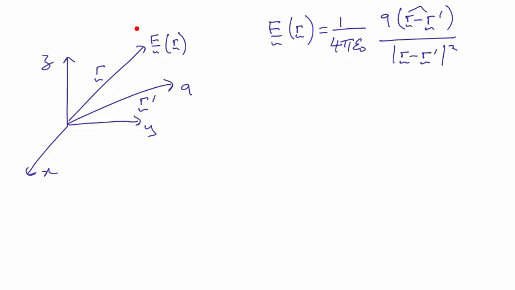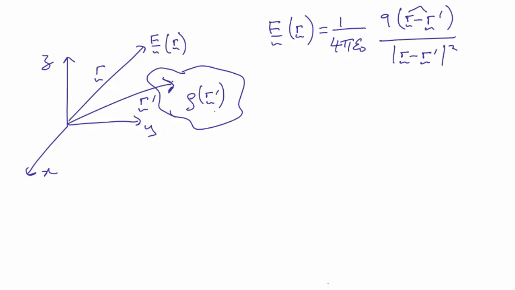Okay, so the next step that we took was to rewrite our charge as a charge density. In other words, say we had some distribution of charge, and this was described by a charge density, which I'm going to call rho of r prime.